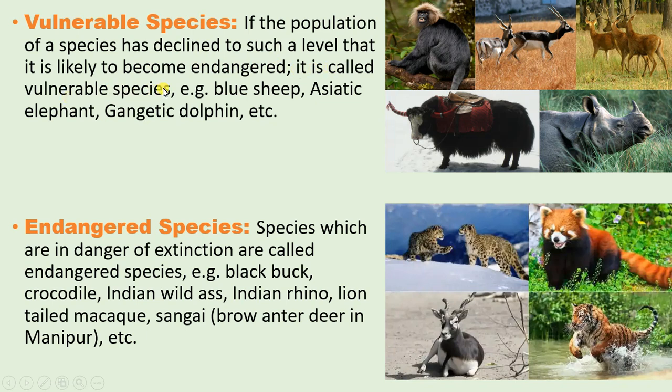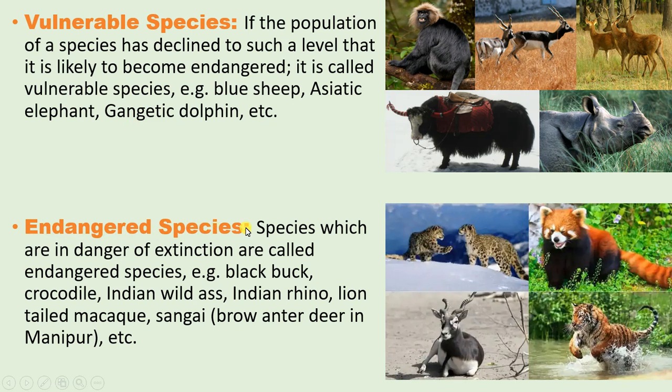If their number is decreasing at a rate at which we estimate that in the near future they may come in the category of endangered species, we keep them in the vulnerable category. Examples are blue sheep, Asiatic elephant, and Gangetic dolphin.